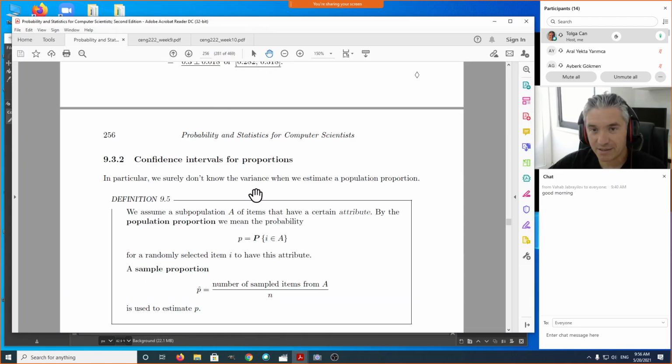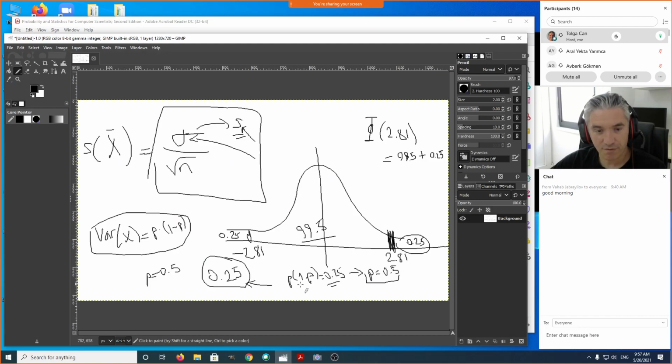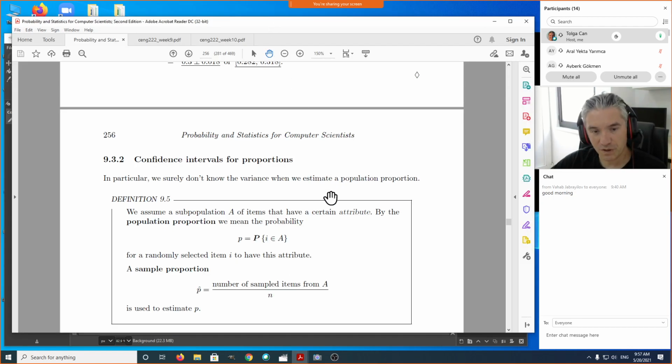If your goal is to estimate the population proportion, it means that you also don't know the variance, because if the variance was known, then the population proportion would be known directly from the variance. That's why confidence intervals for a proportion are in this section where we don't know the population standard deviation. This variance is unknown to us, therefore it belongs in this section.